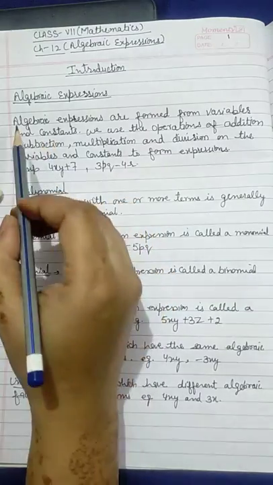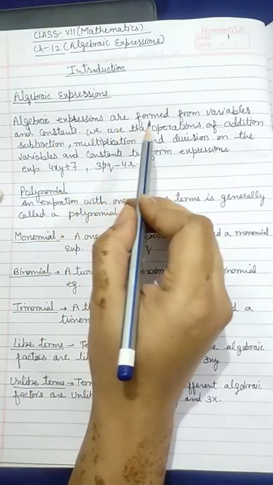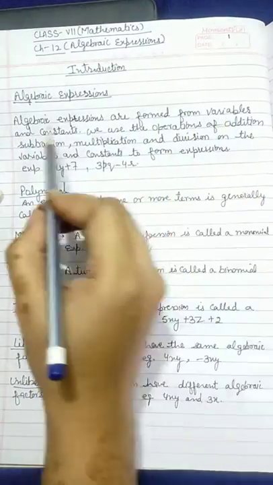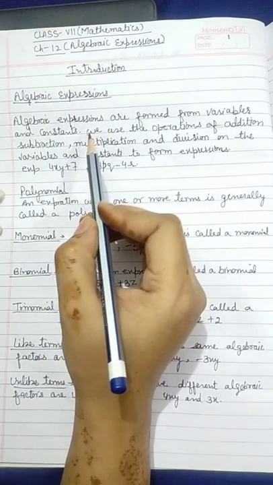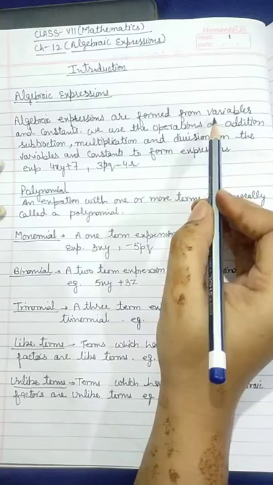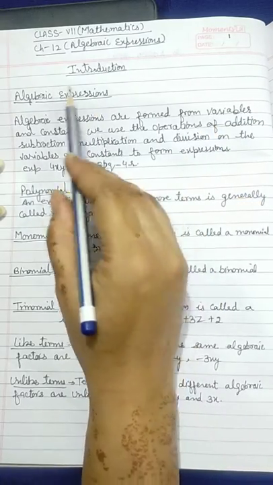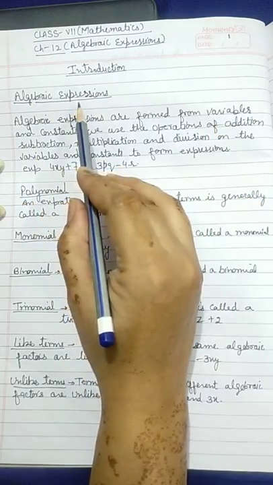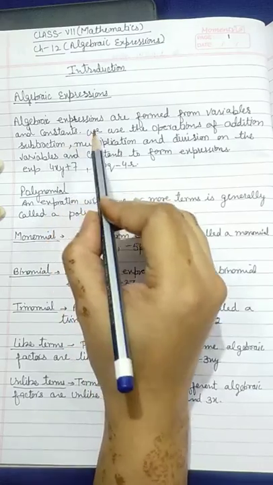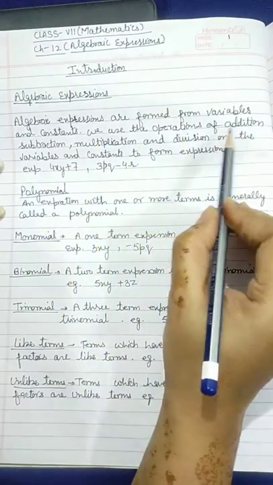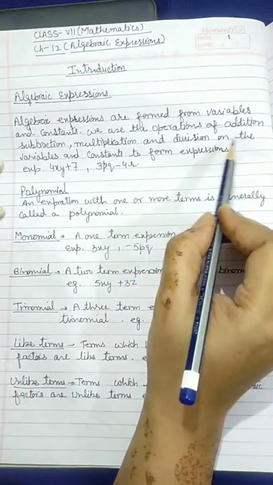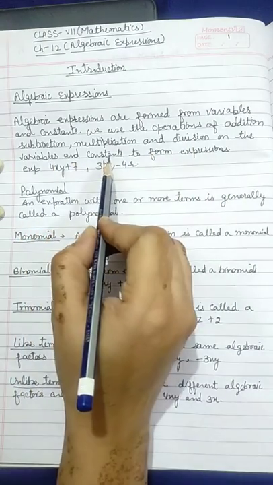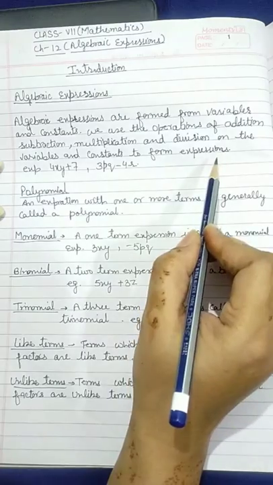Algebraic expressions are formed from variables and constants. As we know, we have read earlier what variables and constants are, and these algebraic expressions are formed with their help. We use the operations of addition, subtraction, multiplication and division on the variables and constants to form expressions. Clear?